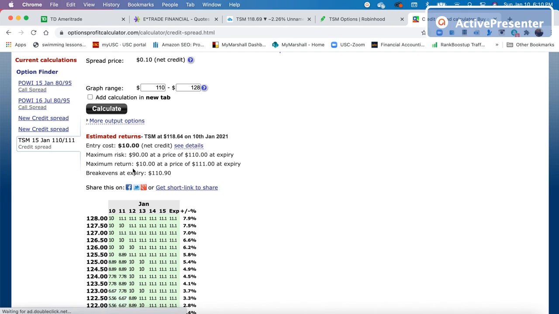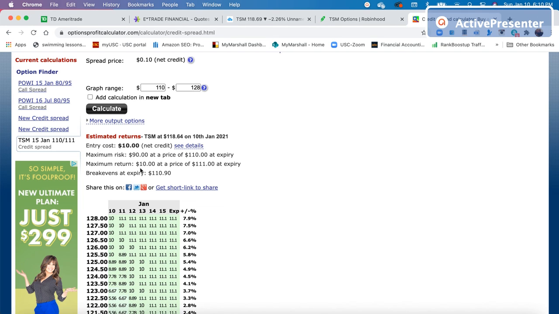The maximum return is $10 at 110, 11 at expiration. In other words, if this doesn't go past 111 by Friday, you get your $385, $500 for free.